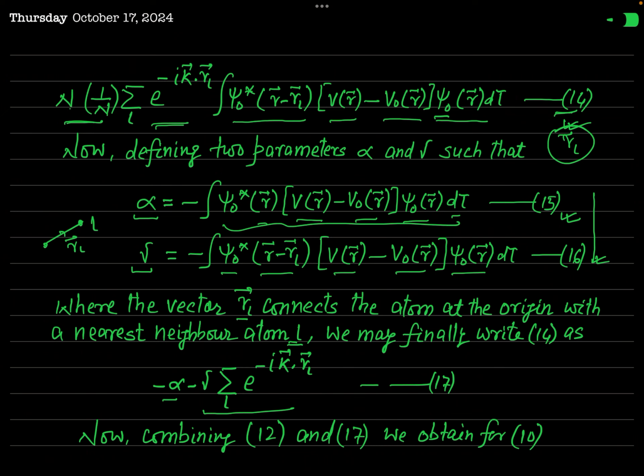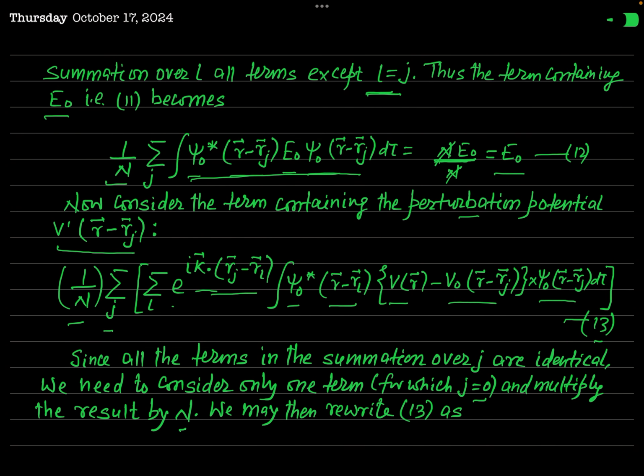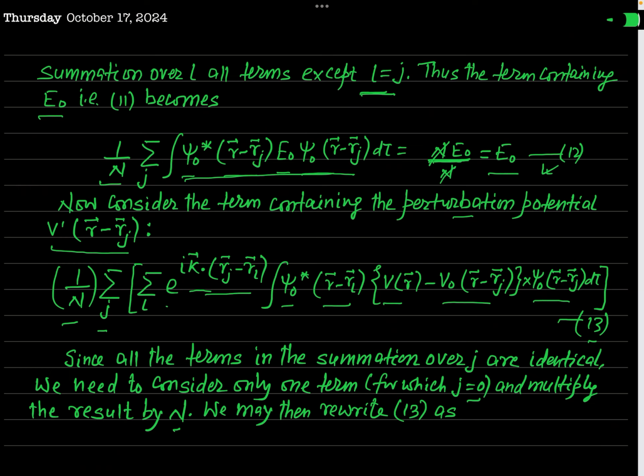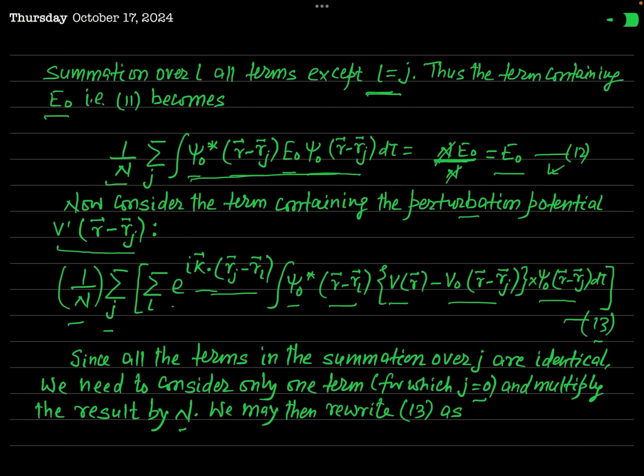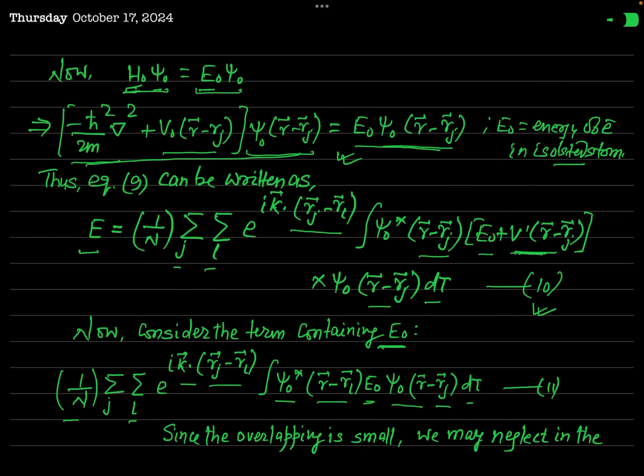Now, if your aim is to find the energy of the electron in an atom inside the crystal lattice, you should combine equation 17 with equation 12, and then we obtain the energy eigenvalue defined in equation 10.